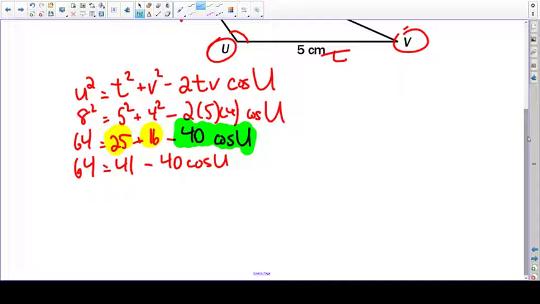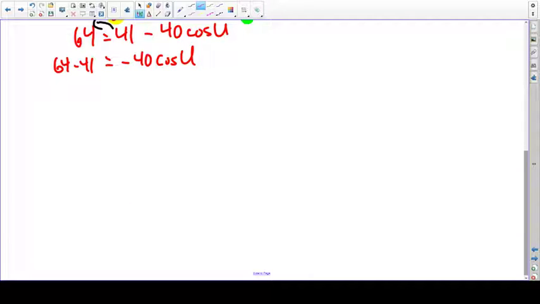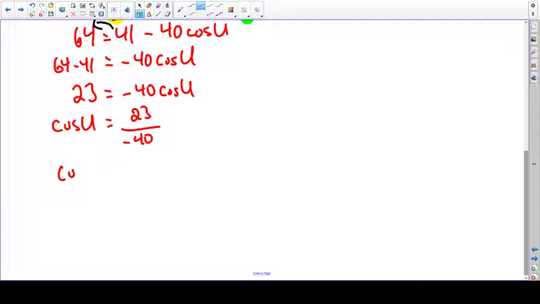Since we can't combine the 41 and the 40, the 41 is going to take a hike over to the left side of the equation. So 64 take away 41 is going to equal negative 40 times the cosine of U. 64 minus 41 is 23. That's going to equal negative 40 times the cosine of U. And the cosine of U is going to be 23 divided by negative 40.